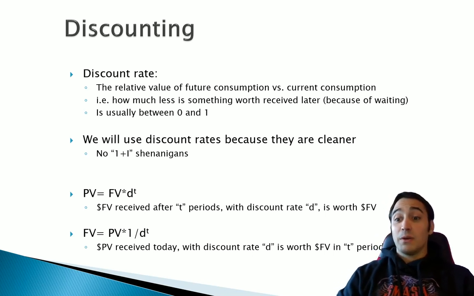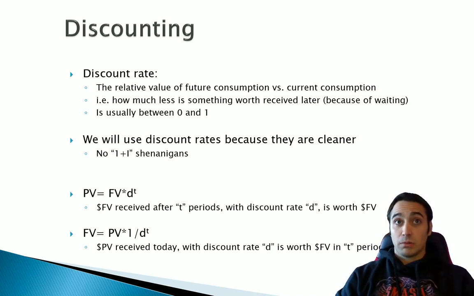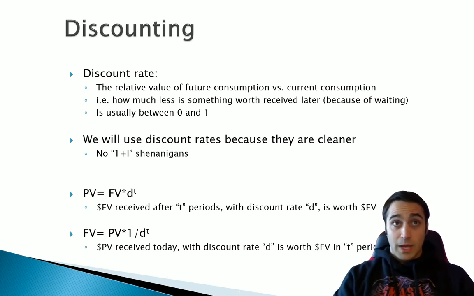Looking at present value and future value with discount rates, we have the following two functions. First off, note that the present value of some money received in the future is just how much money you're going to receive in the future times the discount rate raised to the power of however many periods. So, if you get $100 in a year, and your 1 year discount rate is 0.9, that means that the present value of that $100 in a year would be 0.9 times 100.